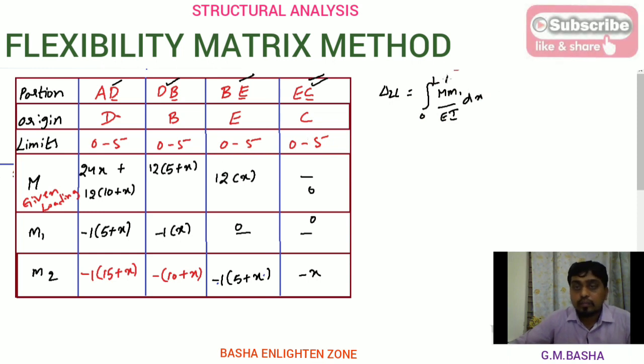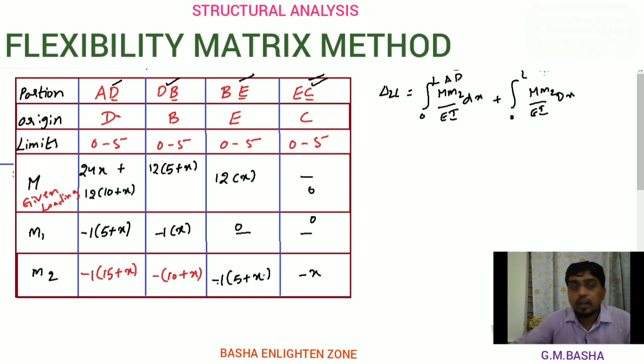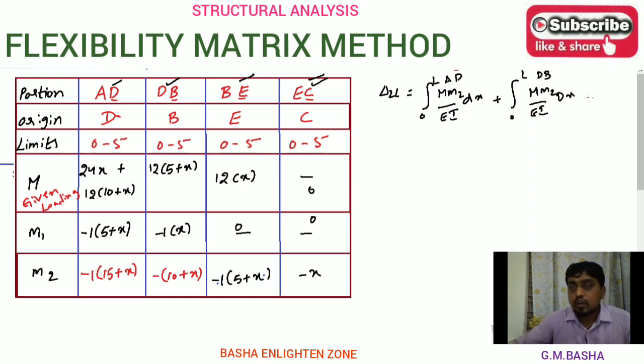For AD, similarly the integral from 0 to L of M M2 by EI into dx for span DB. Similarly, for span BE, and similarly for span EC.